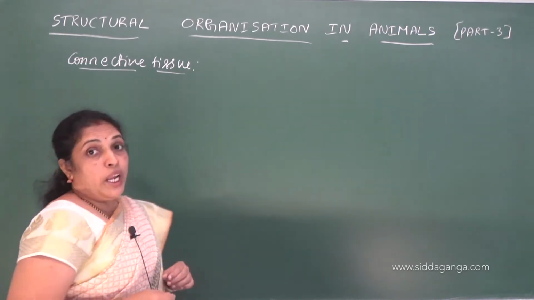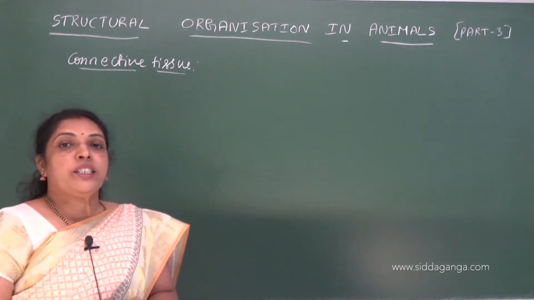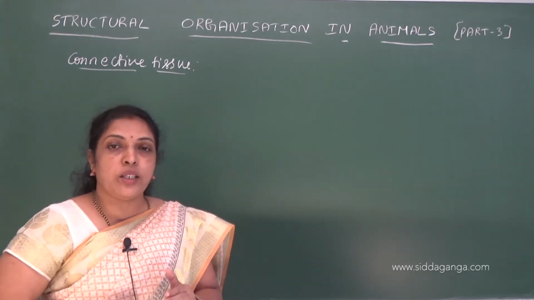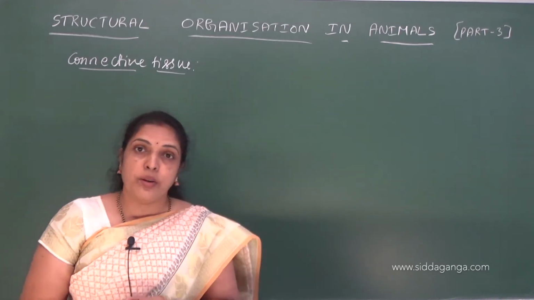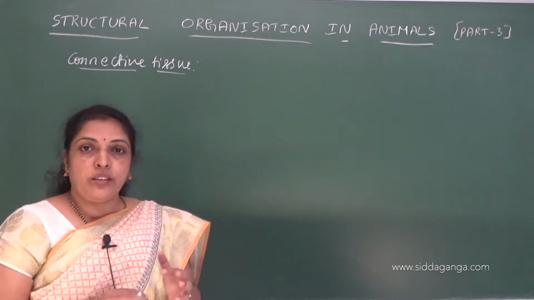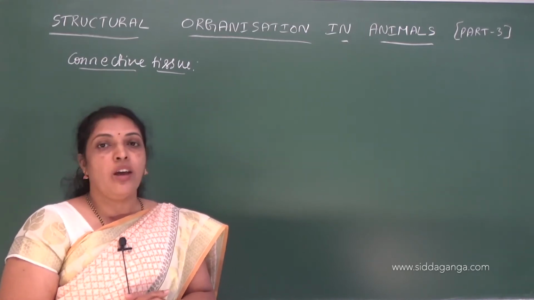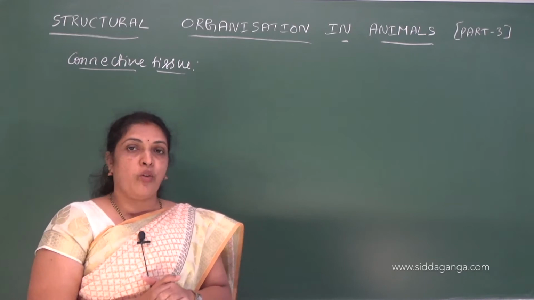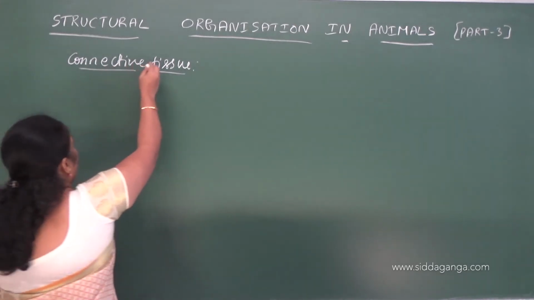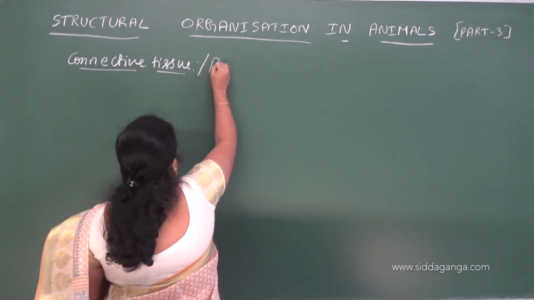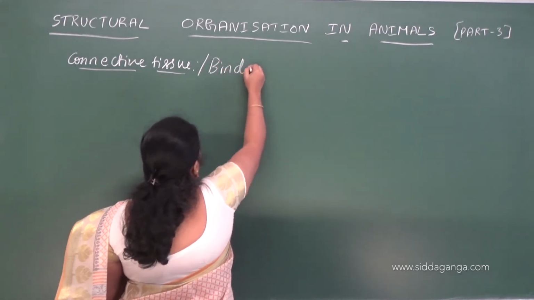As the name indicates, this tissue connects two organs, or it connects different organ systems in our body and provides support to the body. That's why it got the name connective tissue, or it is also called binding tissue.